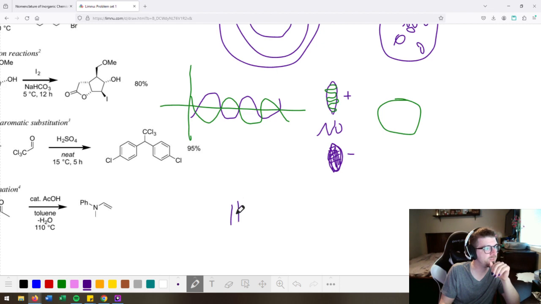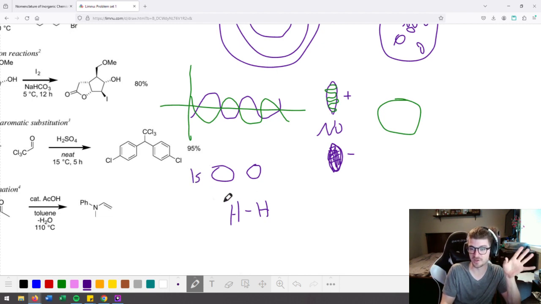Take just simple hydrogen gas, for example. These just have spherical orbitals, called 1s orbitals. The s is for spherical. There's a couple of ways these can combine.